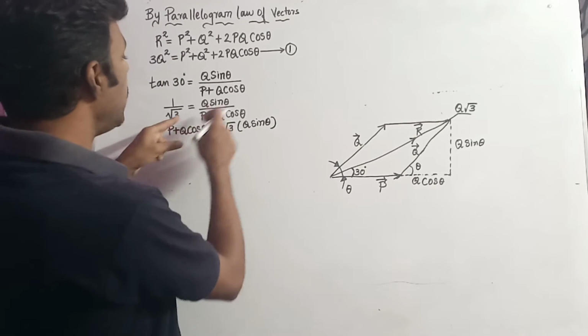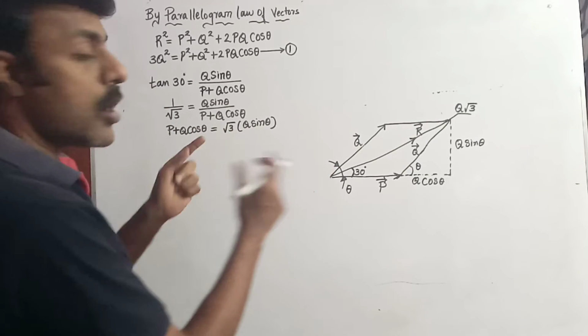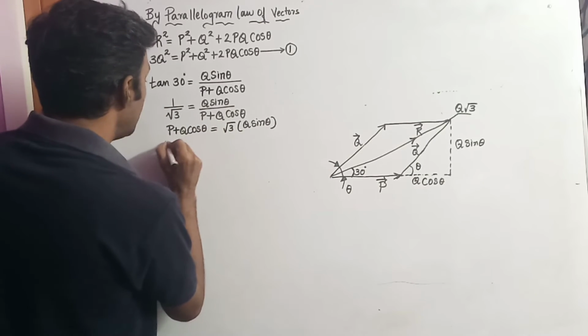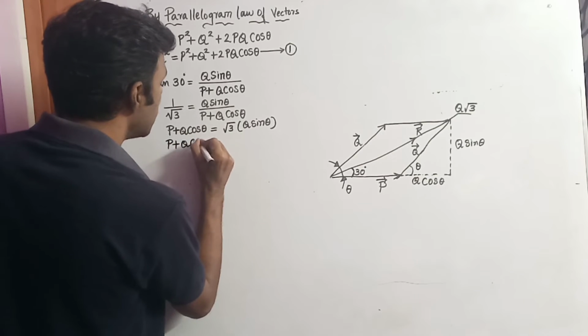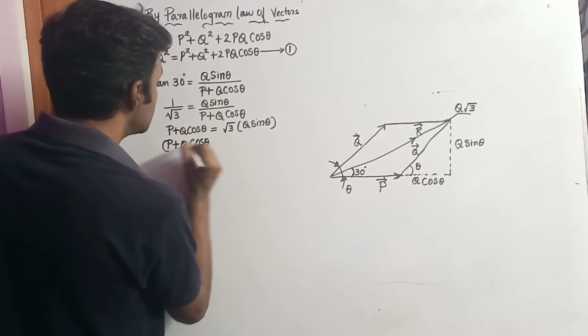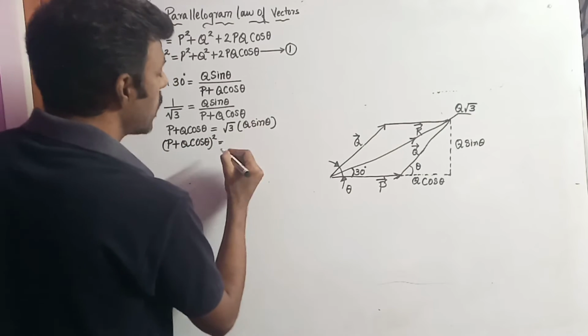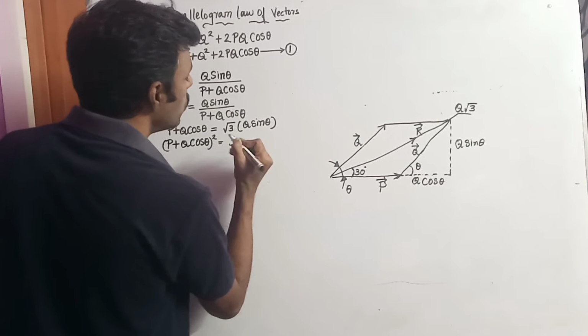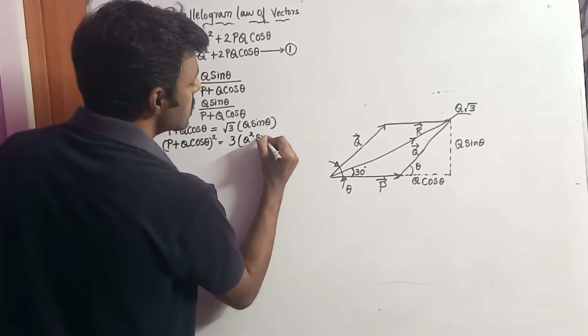Now I'm going to square on either side. So p plus q into cos theta whole squared will be equal to, what is root 3 whole squared? It will be 3. Root 3 into root 3, 3 into q squared into sine square theta.